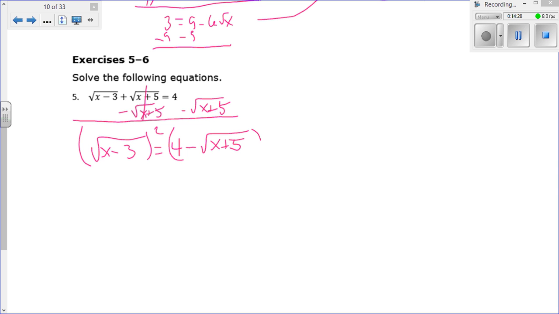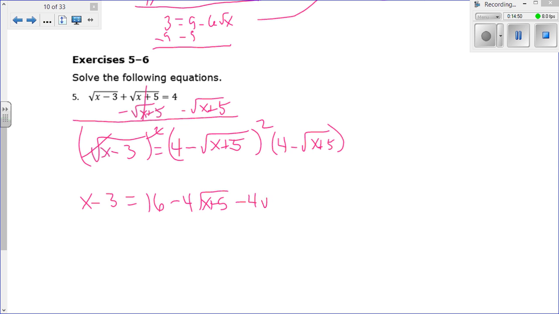Square both sides. So x minus 3 equals, I write this twice, I will have 16 minus 4 radical x plus 5, another minus 4 radical x plus 5, and then plus x plus 5.